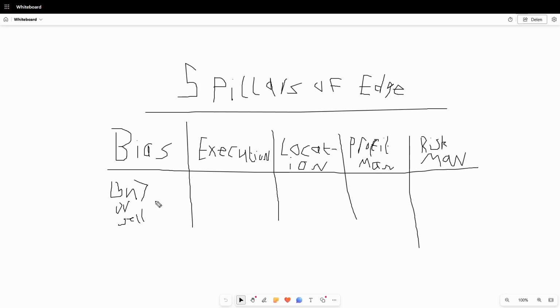Then on to the next one, we have execution. And execution is, what are you trying to see when you want to enter? So basically, your entry model. Your entry model can be either that you want to see a sweep of the DOM, or a sweep, or you want to see when your level gets hit. You want to see fast displacement when we hit it, or on the DOM you want to see absorption on the lows.